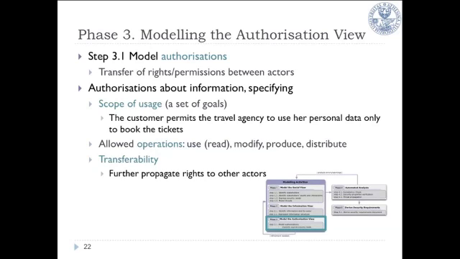So apart from allowing operations one can perform, the owner or an eligible actor is granting the authority to further propagate rights to other actors. So this entity would become eligible as the owner itself to further propagate rights to other actors for those operations he's been authorized.